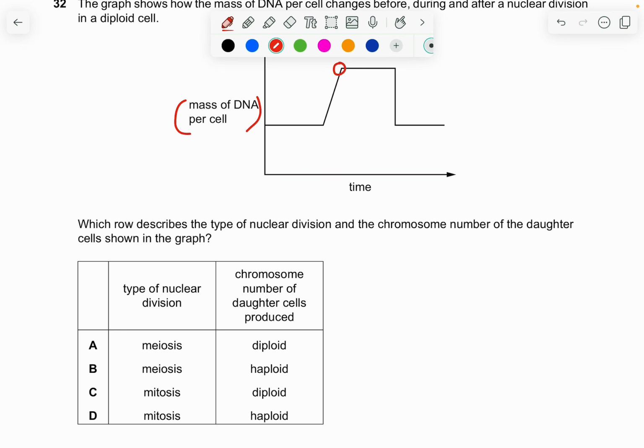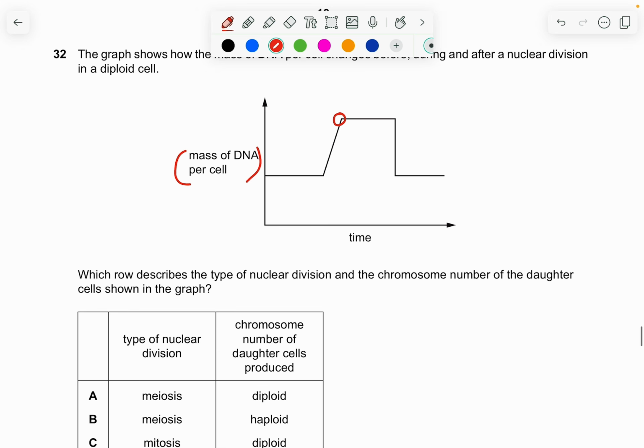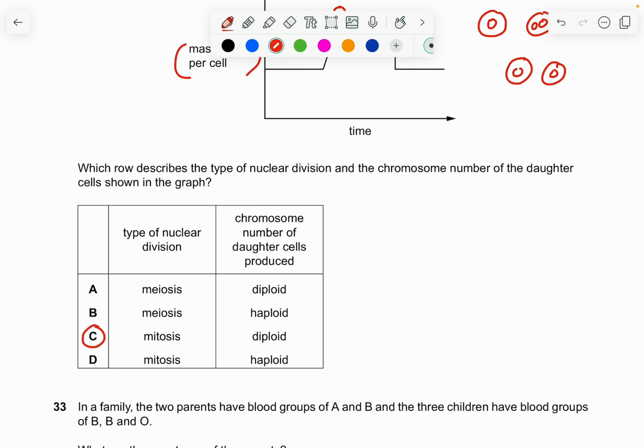So when the mass of DNA increases and then drops later on, it means that initially there's this cell, then they start to duplicate the DNA material inside. So inside there's two, then later mitosis splits them into two different cells, so it drops again. So this is only for mitosis, where it only involves diploid cells. All right.